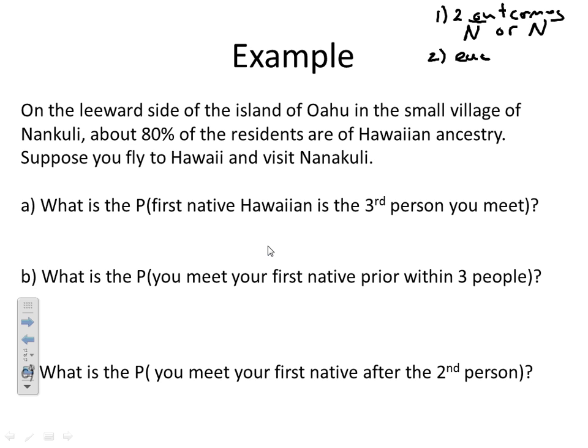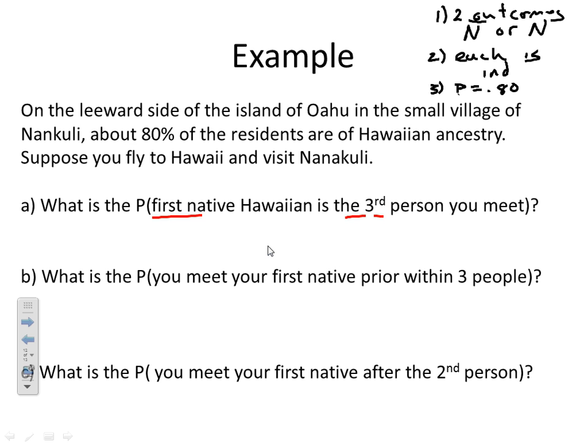Each person is independent. And for that third condition, the probability is 0.80. You can see the way this question is asked, the first native is the third person. So we're going until we get success. These are going to be a lot simpler for us than a table, simply because we can set these up.